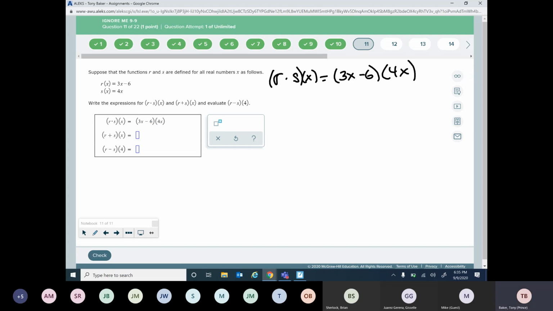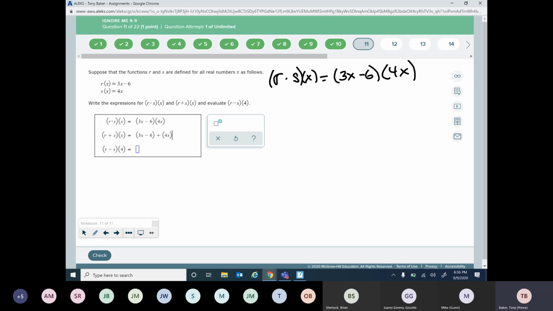And I can write it just like that. The r plus s, same thing. I'm just going to write 3x minus 6 plus 4x. You do not have to simplify it down. You can. So that one would be pretty easy. You could do 7x minus 6, but you do not have to.